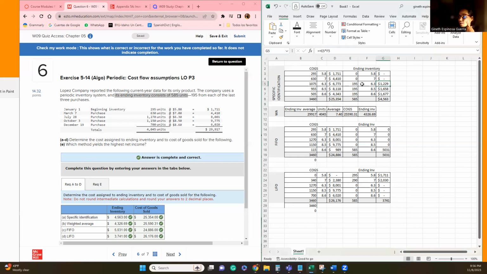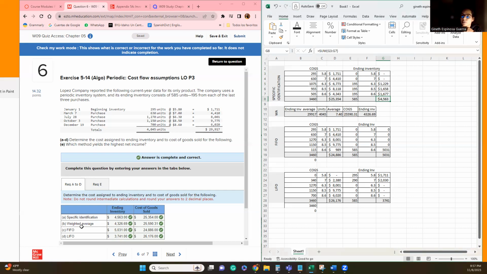Based on this, we do the same: we multiply our ending units by the price that is provided already by the chart. It's the same prices all the time. We copy and paste this formula, add all these numbers, and that's how we find the specific identification.